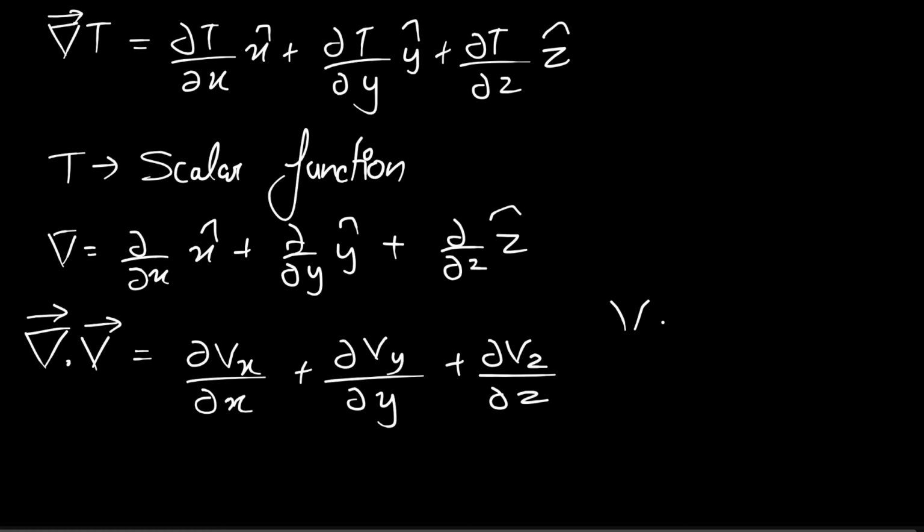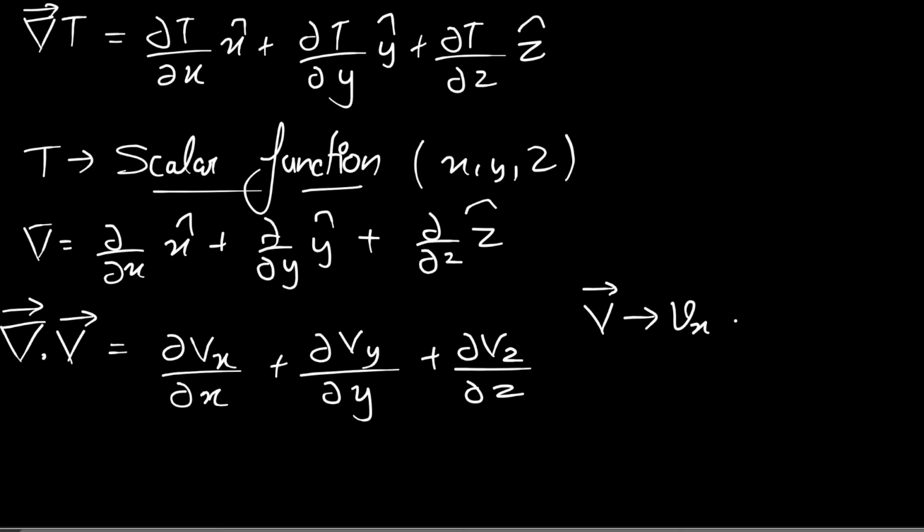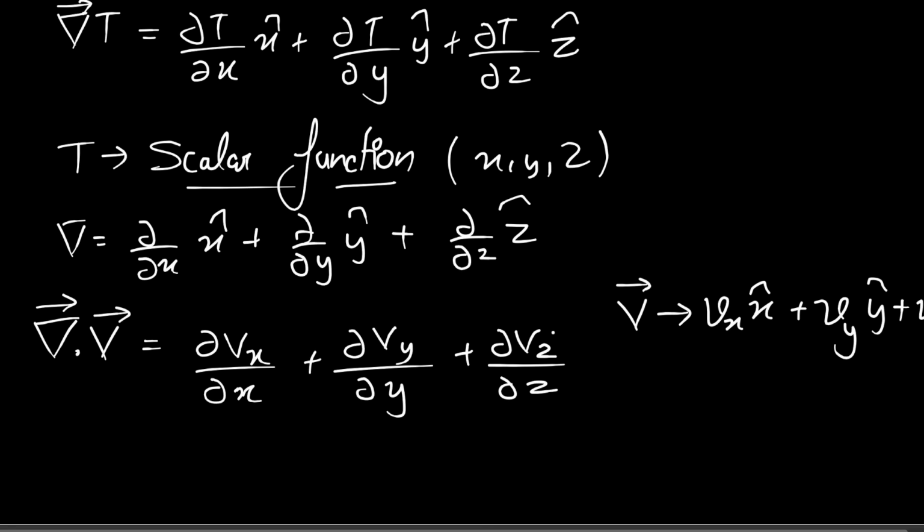I am assuming that v is a vector quantity, but here T is a scalar function of variables x, y, z. And v has the component in the x direction, vx, and similarly in the y direction vy, and in the z direction vz.